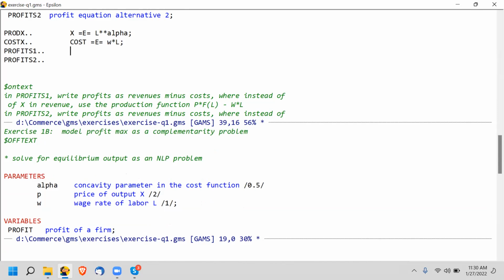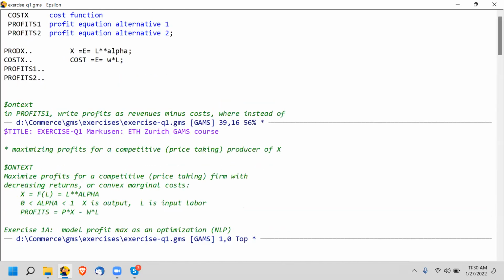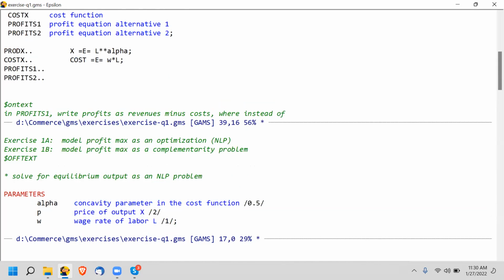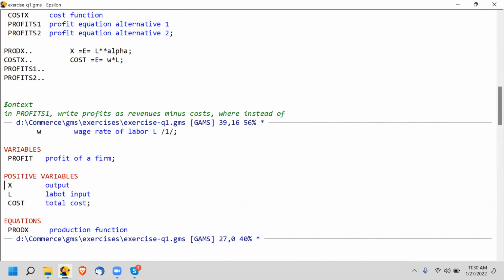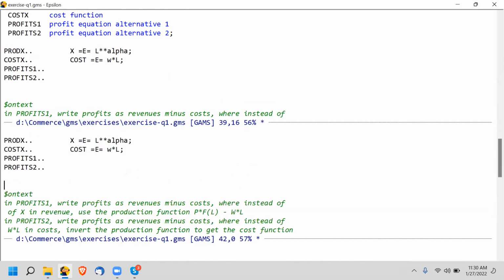And then I'm going to say, so profits 1 and profits 2, alternative 1 and alternative 2. What were these guys? One of them is NLP, the other one is the complementarity, I think. Exercise 1A. We have two profit equations. So variables profit. I don't know what alternative one.